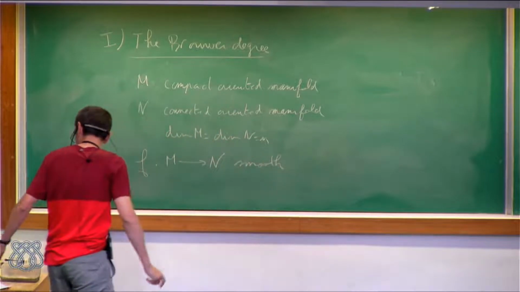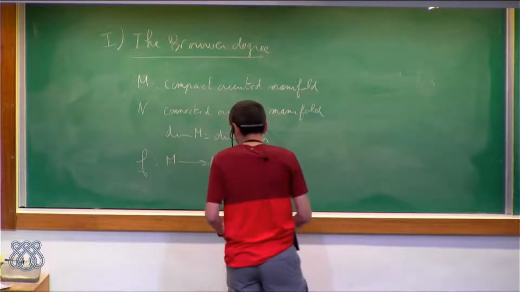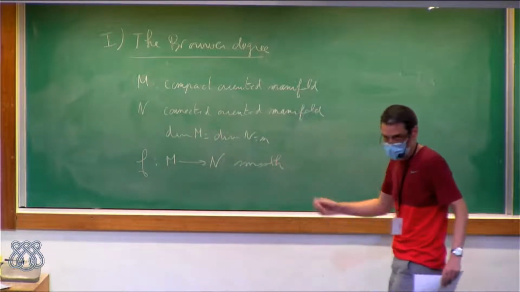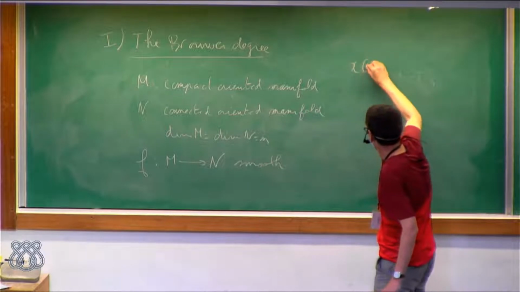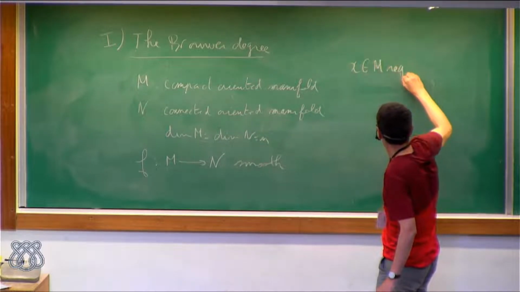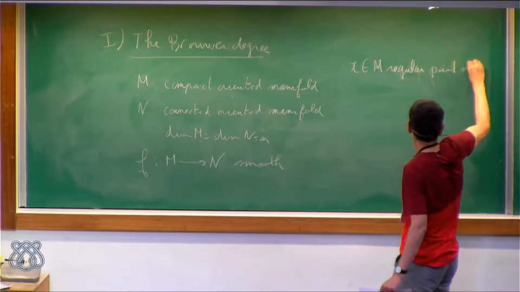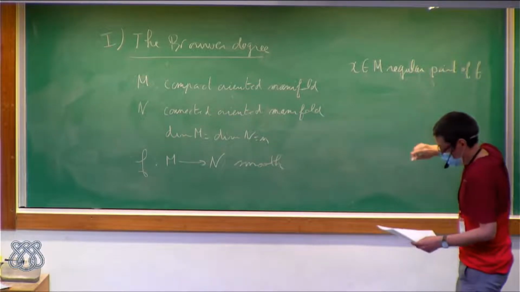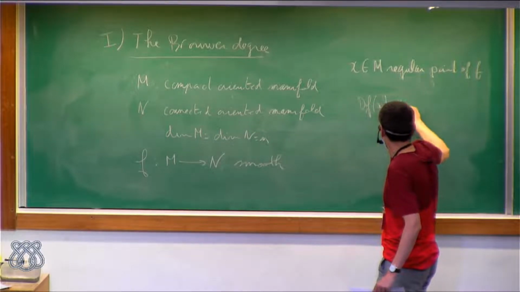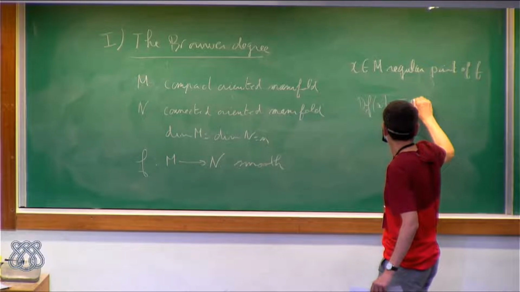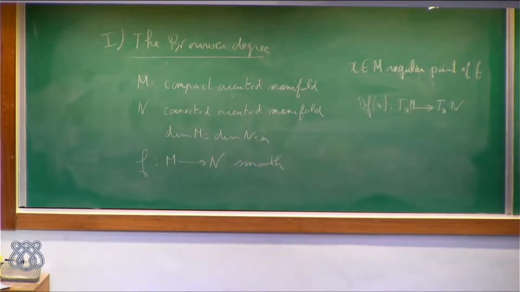And to each regular point, I can associate a sign, which is just the sign of the differential. So I take x, a regular point of F. So its differential is just an isomorphism between two oriented vector spaces.